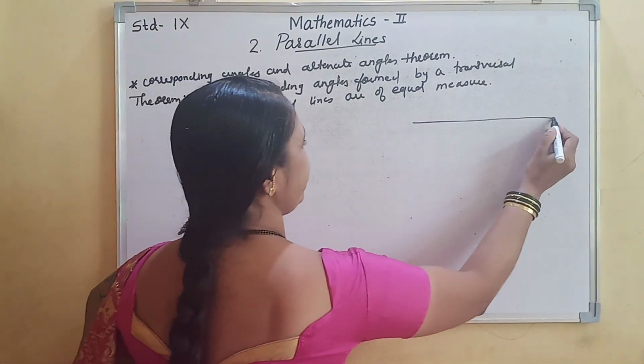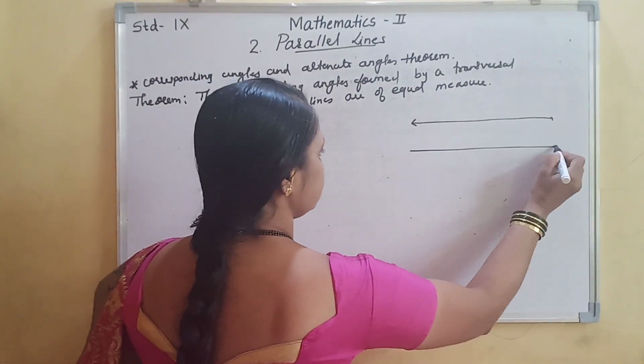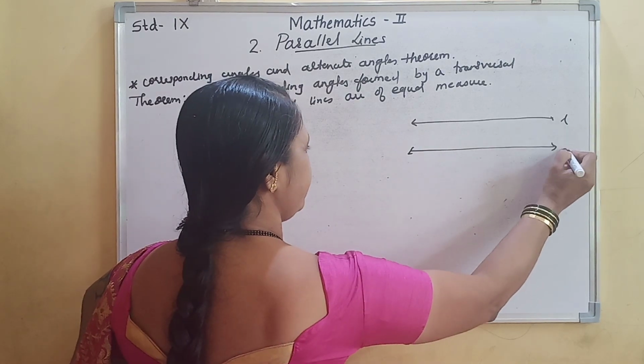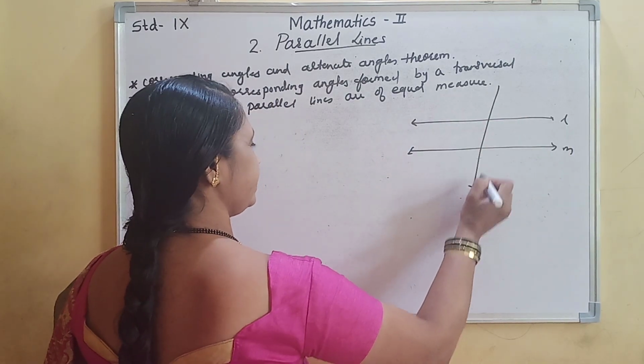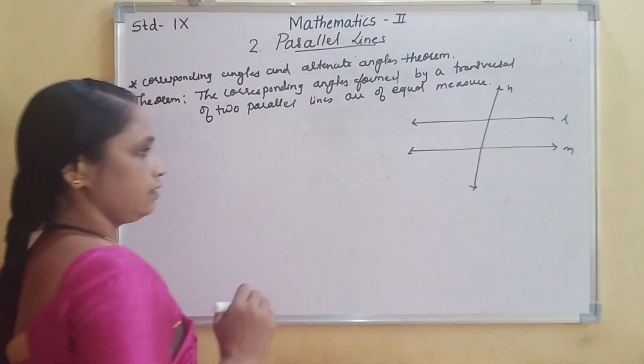Okay, now see, two parallel lines here to draw. We'll name them L and M, and this line as N as a transversal.